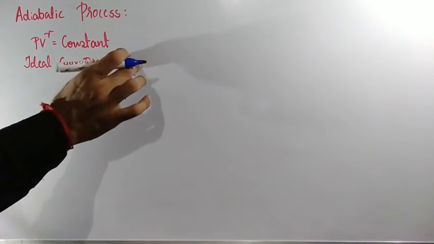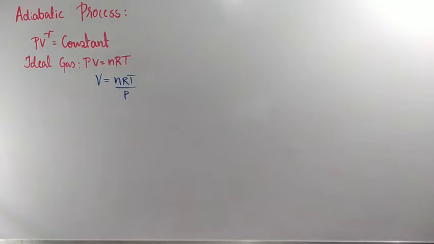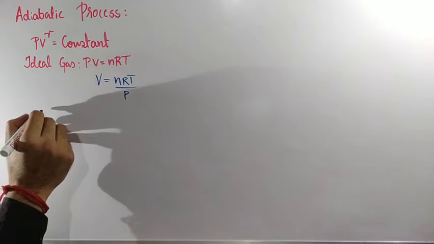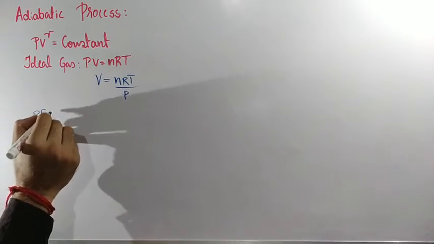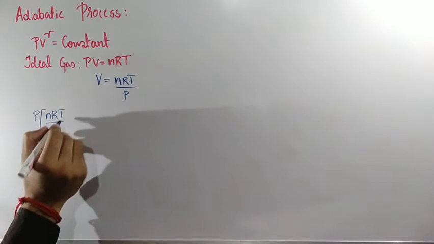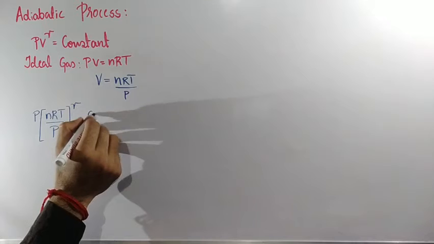Separated V, nRT by P, substitute this V here. If I substitute V back into our original equation, I am going to get P times nRT by P, whole power gamma, is equal to constant.